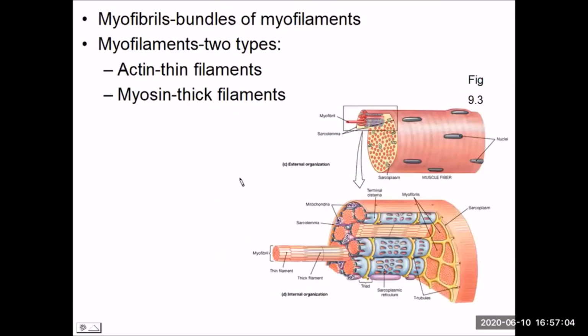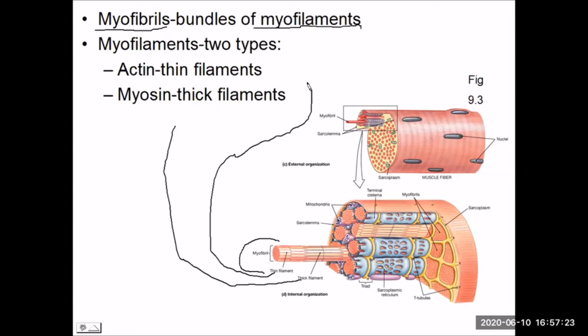So going into a smaller scale, the myofibrils themselves are made of bundles of multiple myofilaments. And they come in the two varieties. You notice there's a thick myofilament and a thin myofilament. The thin myofilament is composed of three components. There's three parts to it.